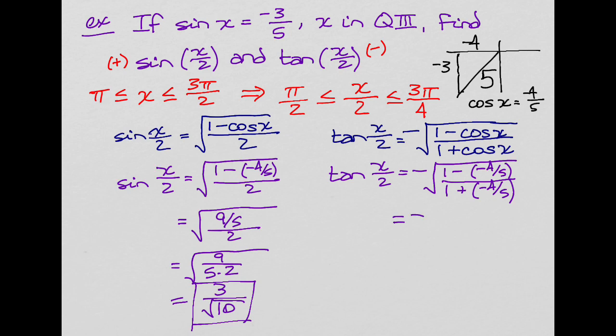So let's see, 1 minus -4/5. We already know that one. We did that before. That's 9/5. 1 plus negative 4/5 sounds like 1/5. Well, if I have 9/5 divided by 1/5, think of multiplying by the reciprocal. I don't need the fifths at all. I just have minus the square root of 9. Please don't stop there. We know that one. Square root of 9 is 3, so negative 3.